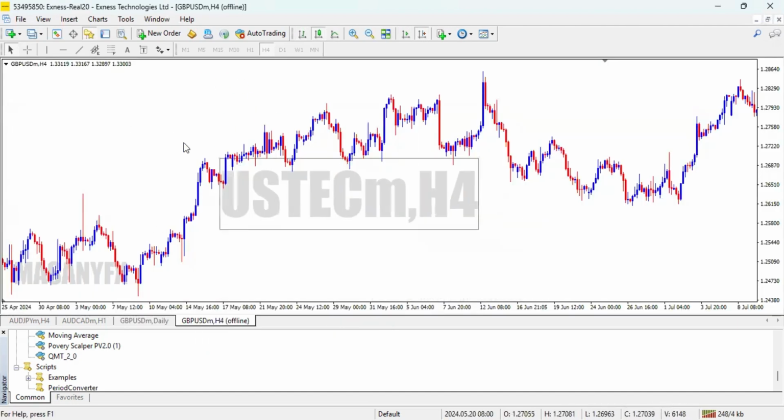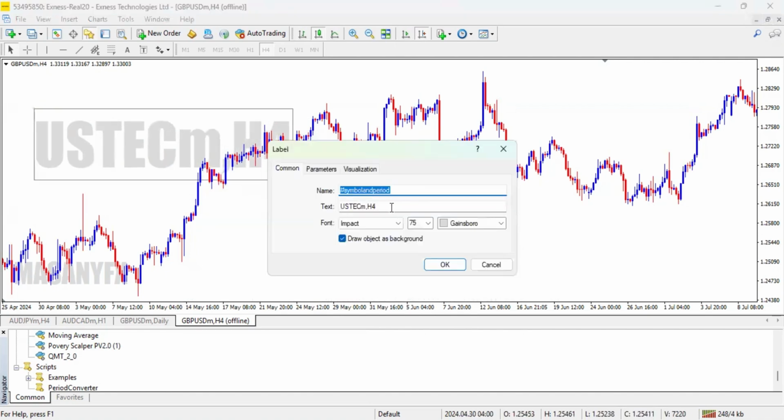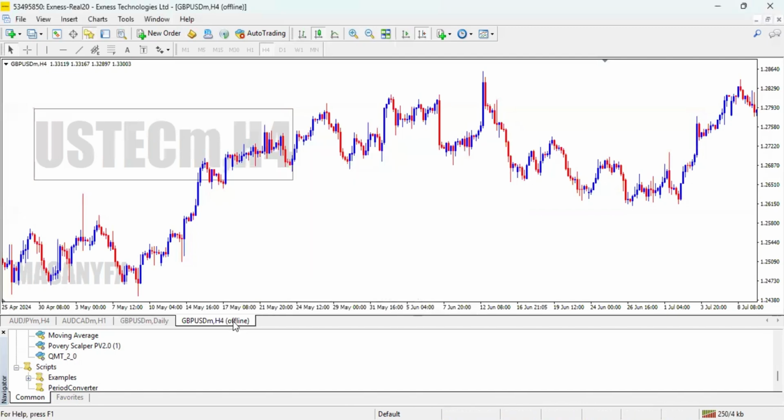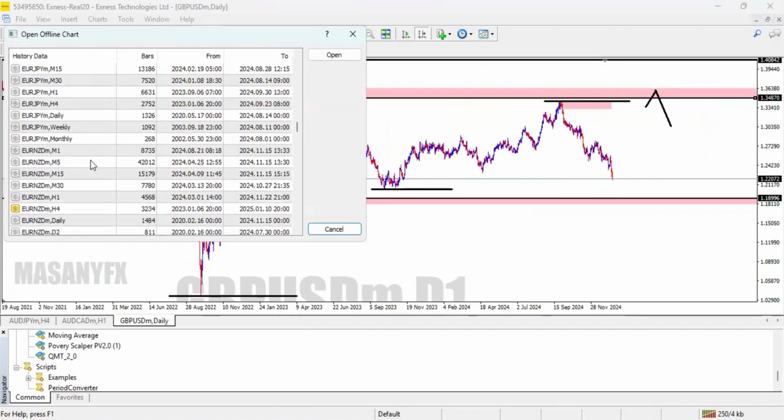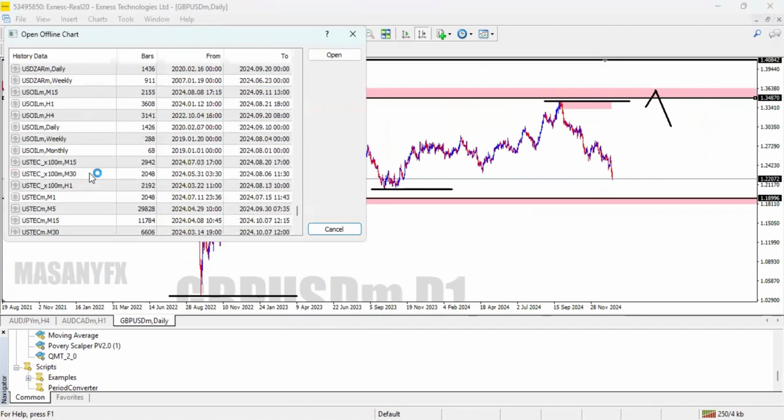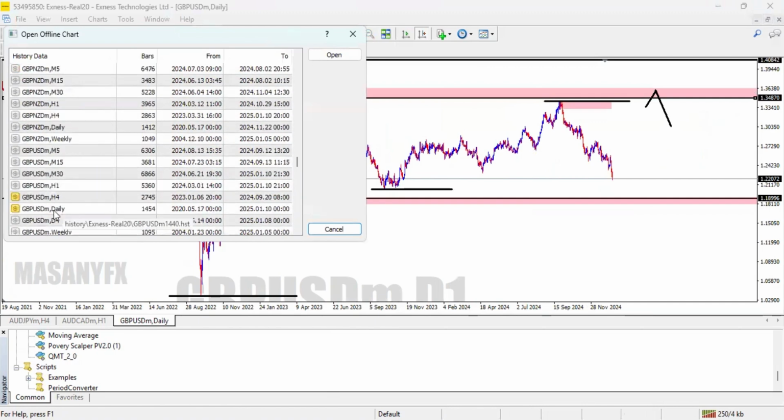I'll have to change here manually, right? GBPUSD and H4, not this one. Let me cancel. Open it. Day 4, I created it. I saw it. Where is it? Here it is. Day 4.